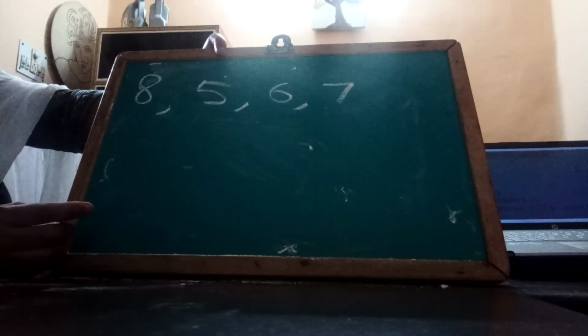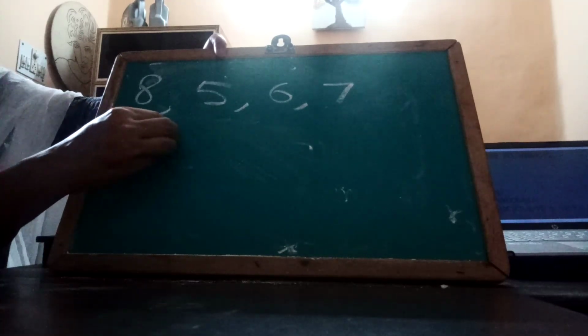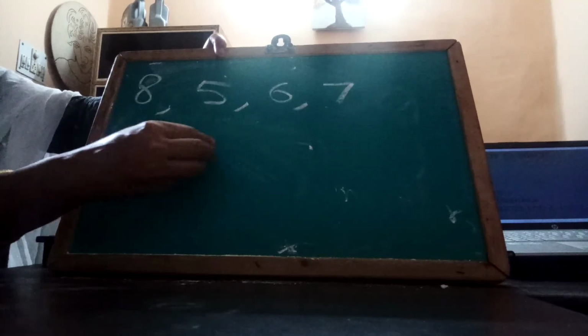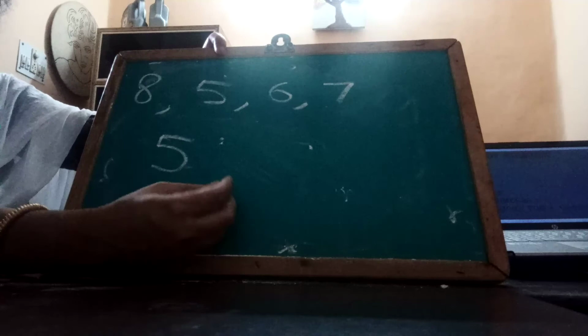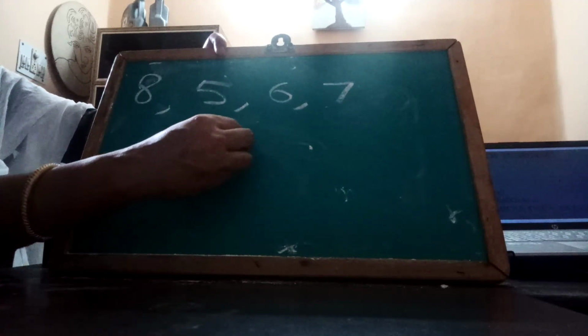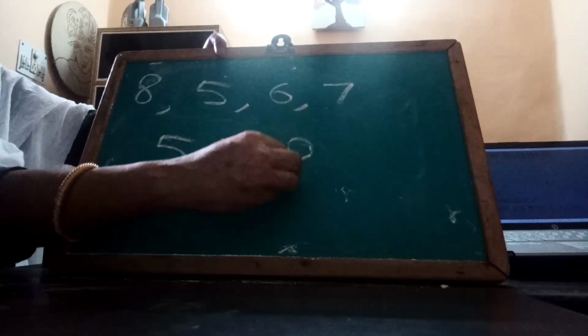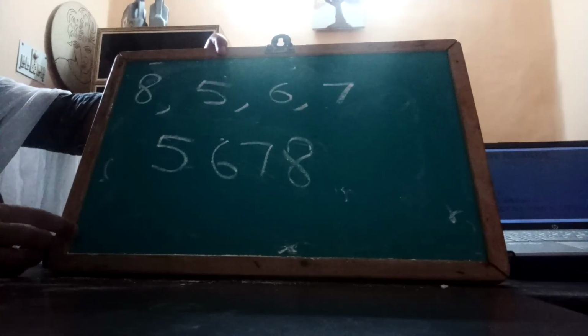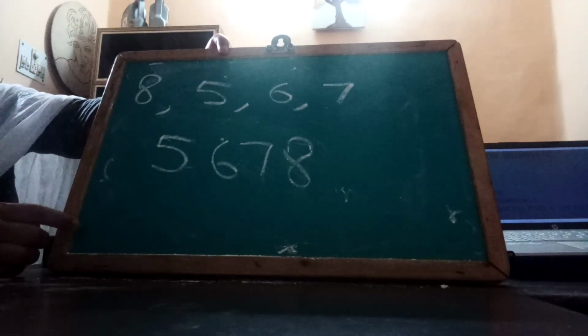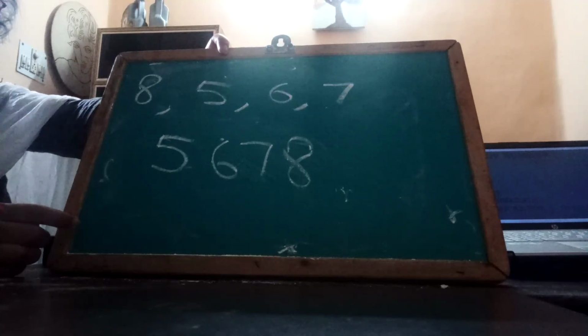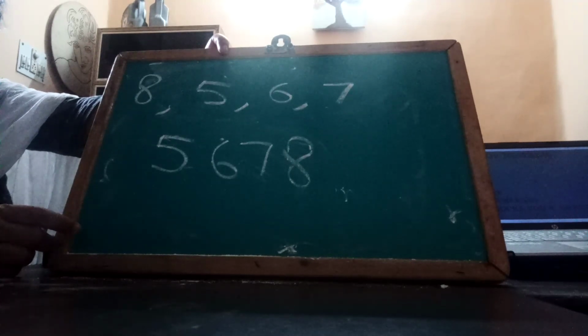Then the basic rule, just write the smallest number first, then the bigger ones: 5, 6, 7, 8. The confusion arises only when 0 is used. So keep that in mind, and I hope this video will definitely help you. Thank you.